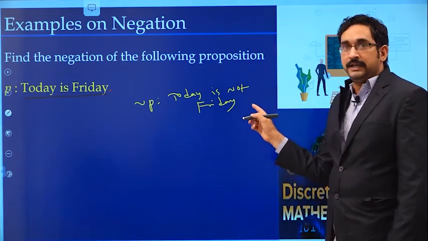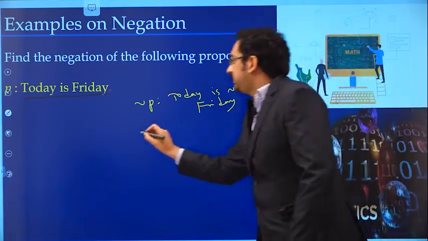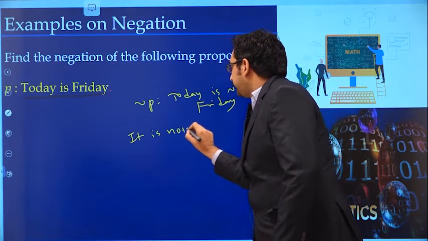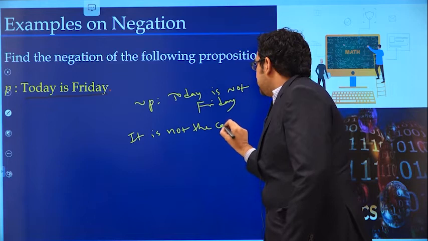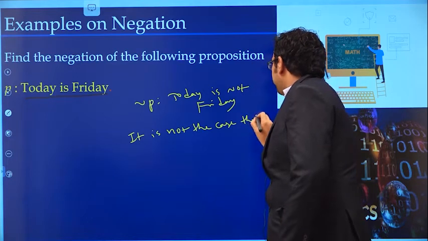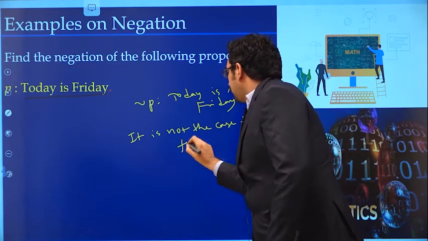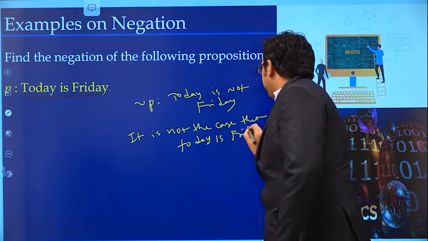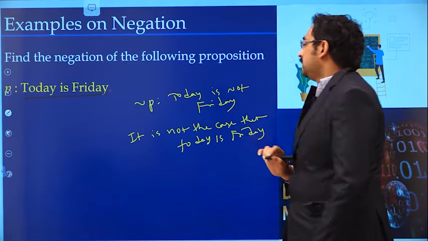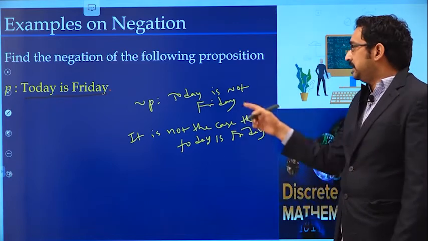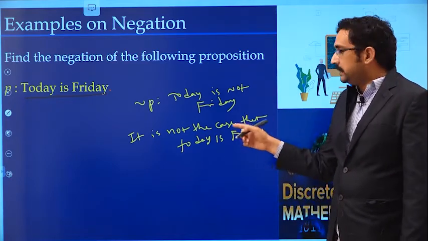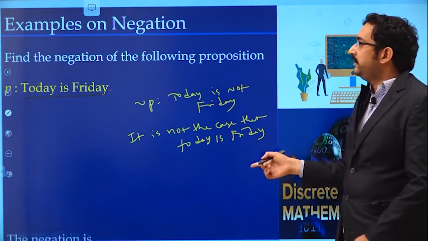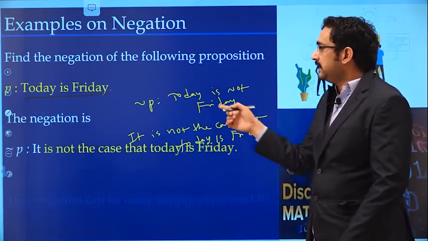Second method is we can write it is not the case that today is Friday. Both ways we can write, today is not Friday or it is not the case that today is Friday. In both ways we can represent negation of the given proposition.